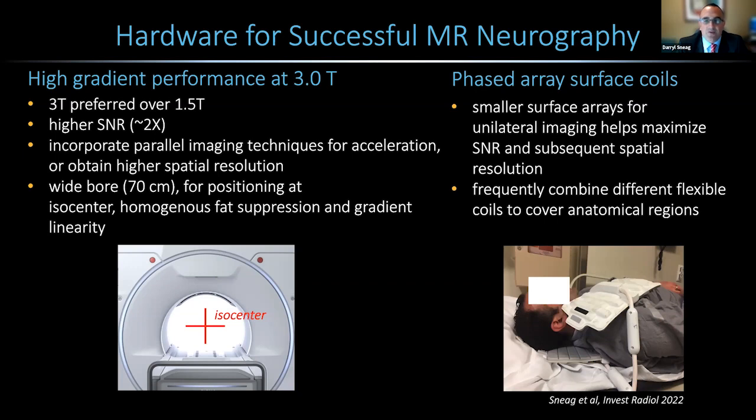These smaller surface arrays, particularly when used for unilateral imaging, help maximize the SNR and subsequent spatial resolution. And we frequently combine multiple flexible coils to cover anatomical regions, particularly those that are curved around the neck, the axilla, and the ankle, for example.